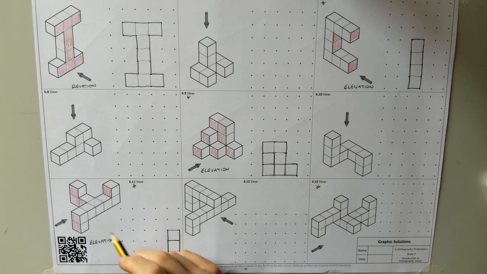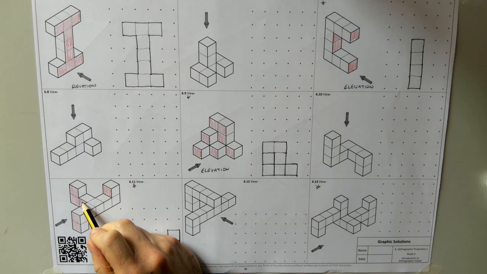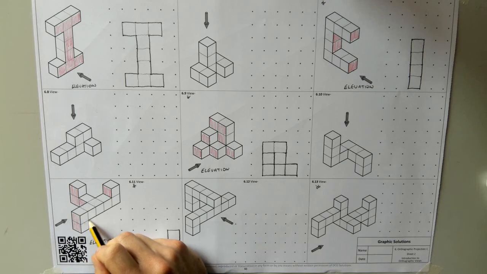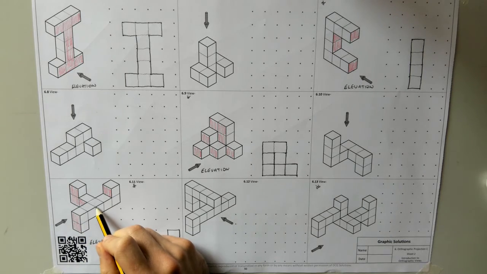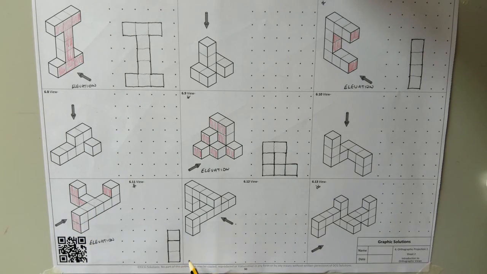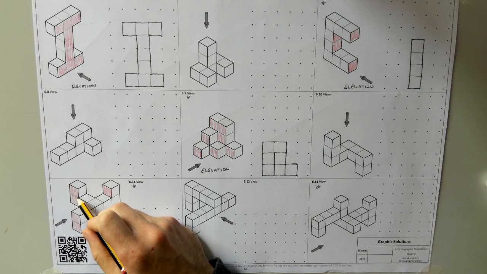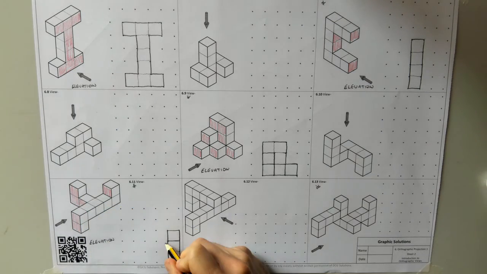So we can see this one here, it's connecting to this one here, which is in the middle row. It's not connecting to the bottom row. You can see that on this section here, which is all the middle row, that block is connecting to that one. And we can see there's a light line in between where it's going to be an L shape. So that goes across to there.